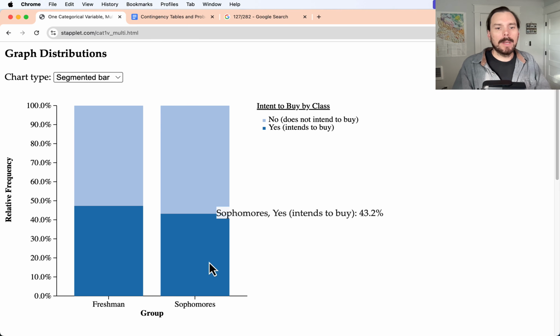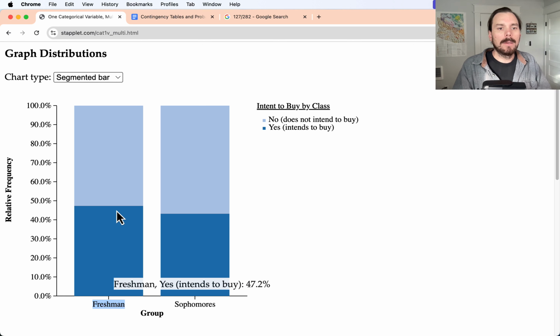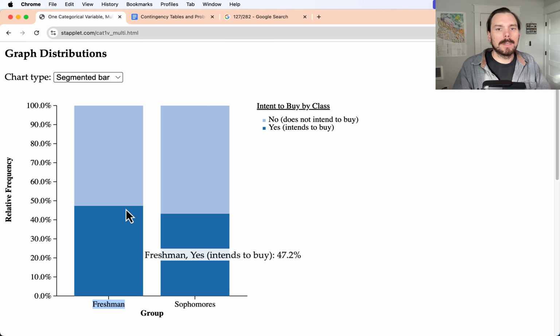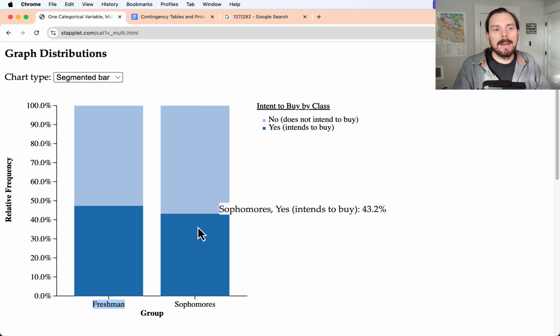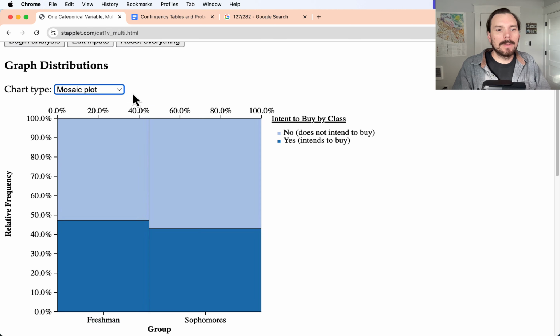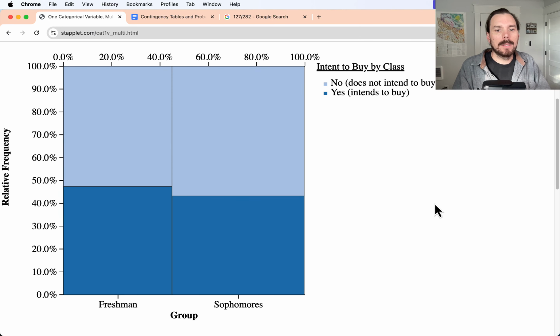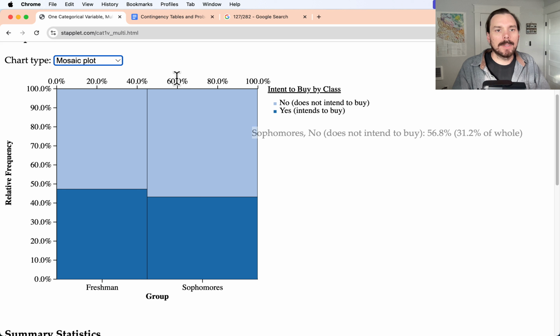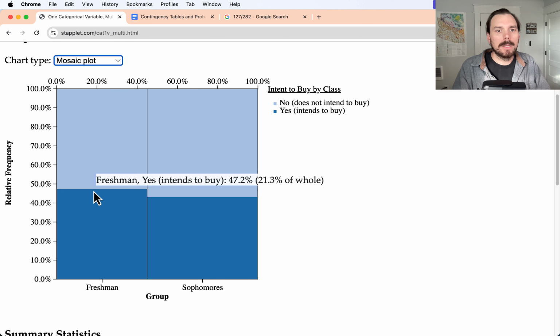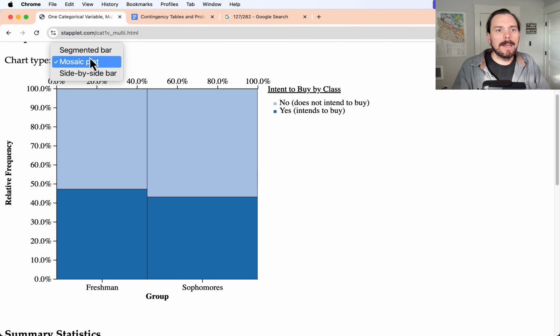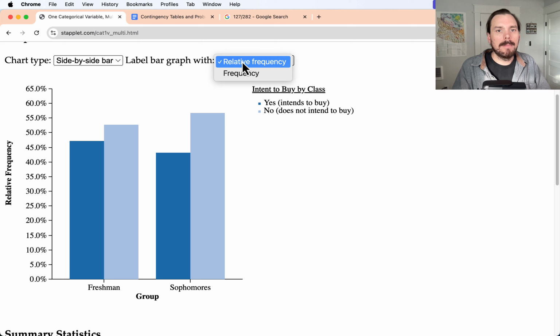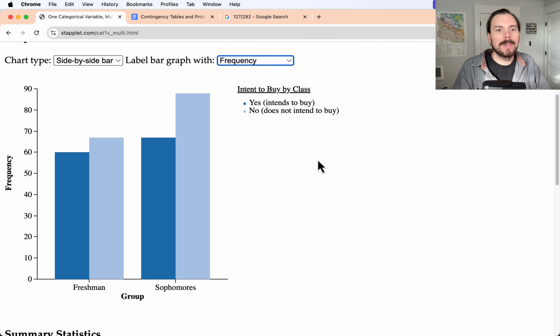Now, I really like what I see here. I see a different class side by side, looking at the resulting statistic of do they intend to buy, qualitative, turned into percentages. To learn from it, with the mosaic plot, we can look at the relative comparison of freshmen and sophomores, as well as the percentages, yes and no. Although I think my favorite is going to the side by side with raw frequency.